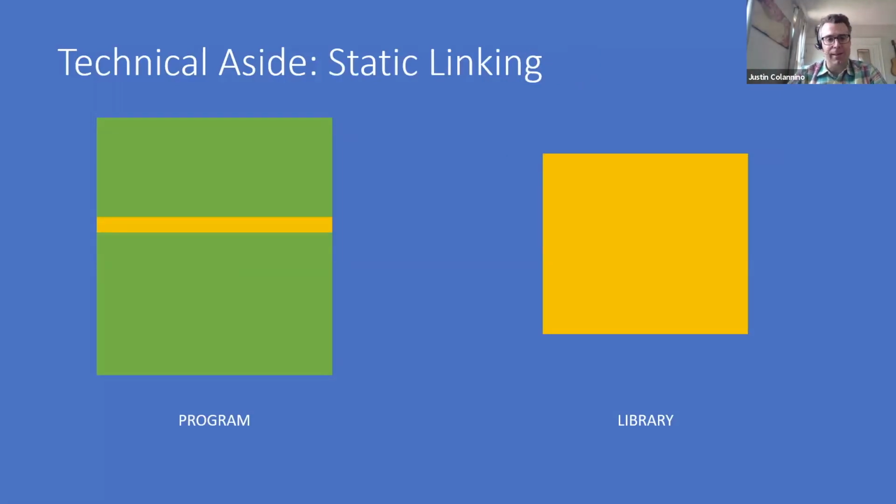What is static linking? Well, you're going along, executing your program. Then I say, okay, I need a sort. I call the sorting function. I say, hey library, here's the function, I want to sort alphabetically, and here's the list.